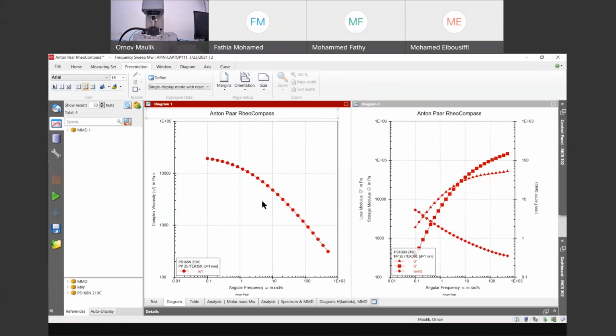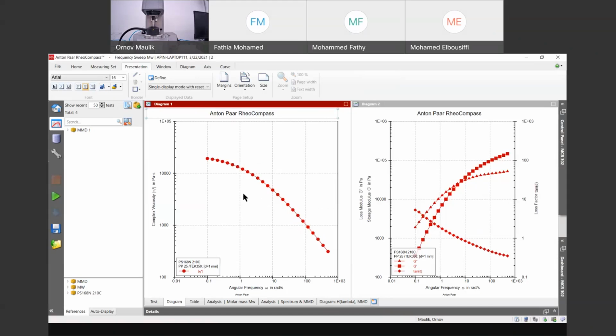For paste samples and polymer samples, this viscosity will give you much better information compared to the shear rate viscosity or steady shear viscosity, because here there is no wall slippage at higher shear rates, and you will get approximately similar viscosity.